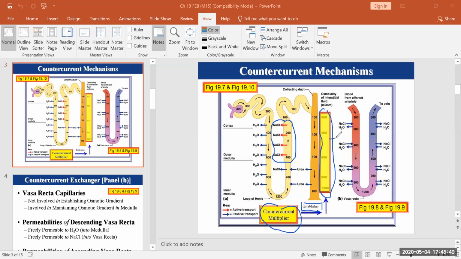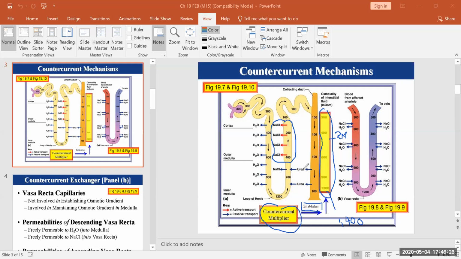And this is in the renal medulla. And it can go not only 1200, it can go up to 1400. Okay, so that's the osmotic gradient. It is set, created, and established by the loop of Henle, more specifically the ascending limb of the loop of Henle, by relying on active transport.